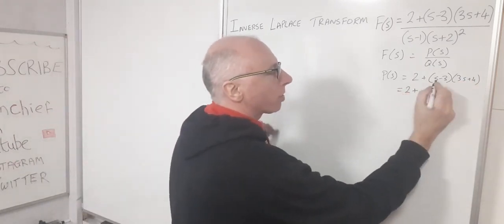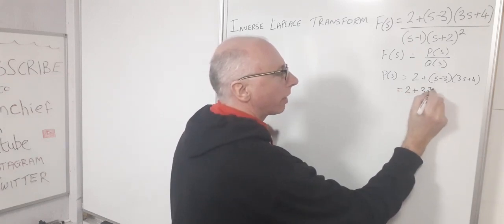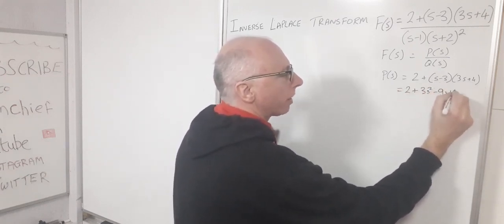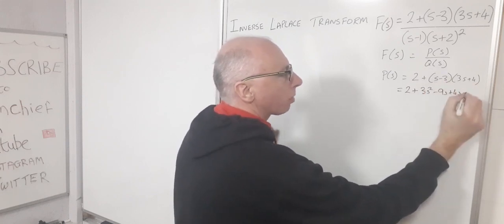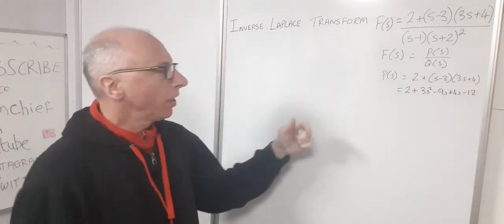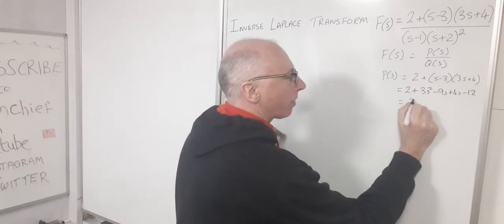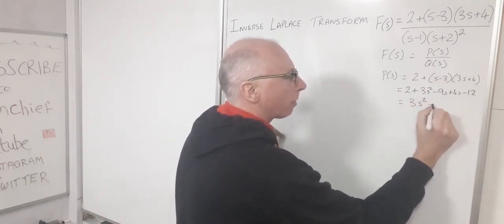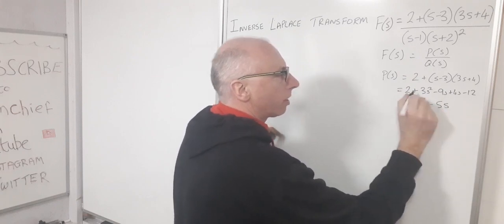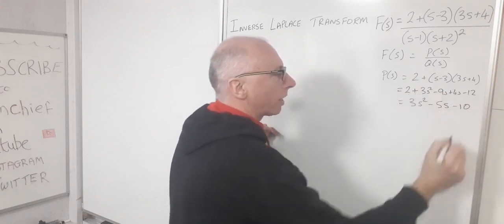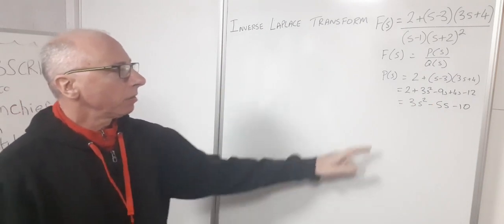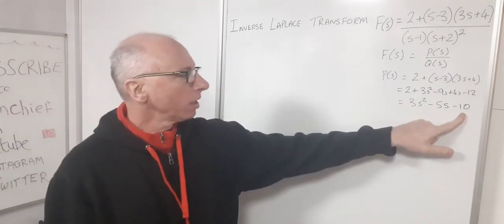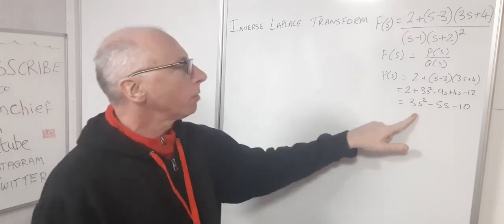So we've got 2 plus 3s squared minus 9s plus 4s minus 12. So we can simplify this a little bit now and we'll get 3s squared, minus 9 plus 4 is minus 5s, minus 12 plus 2, that's minus 10. Now that's our numerator. I'm not sure how we can factor that out, so I'm going to leave that as it is for the moment.